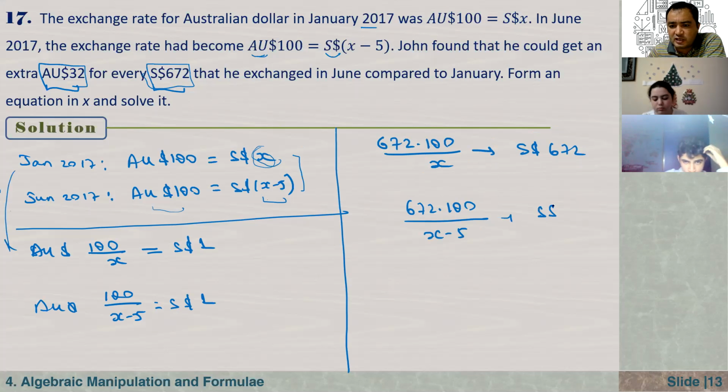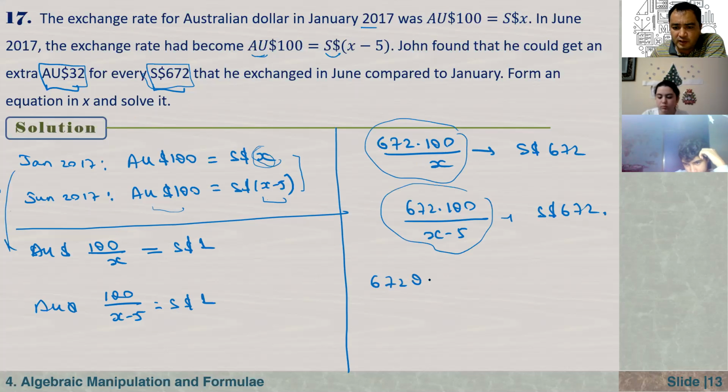Now, what is the difference between these Australian dollar amounts? The difference is 672 times 100 over X minus 5 minus 672 times 100 over X, and that's equal to 32, right?